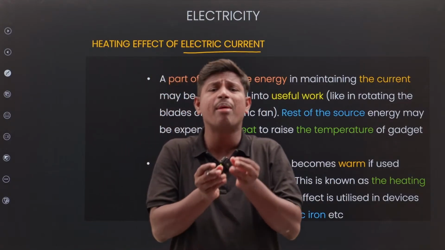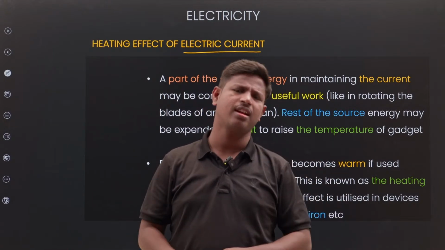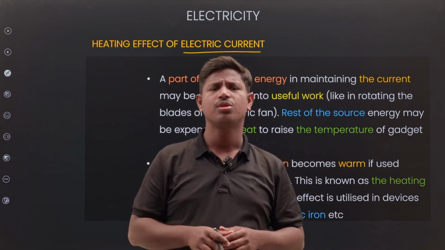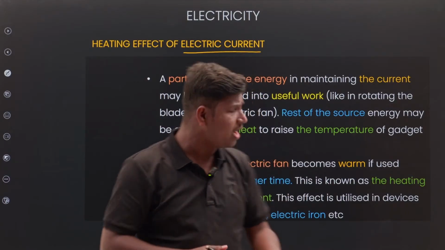It produces some amount of heat. Yes or no? We are already experiencing it in daily life. If you are using a mobile continuously, after some time it gets hot. So why does it get hot?